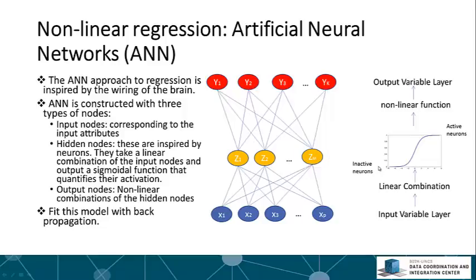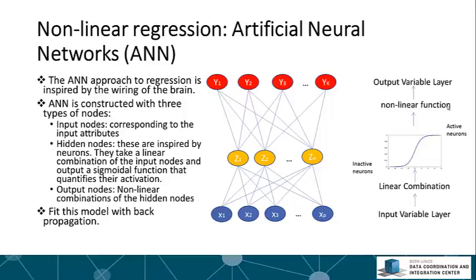These typically are in an off or an on state depending on the linear combination of the input variables. Then finally, from the state of the neurons, we take a nonlinear function to make a prediction of the output variables. Now the parameters of this model are the parameters of the linear combination and the parameters of the nonlinear function. And these parameters are fit by a numerical process called backpropagation.